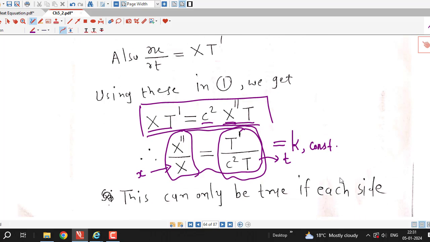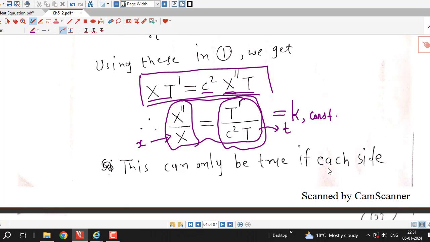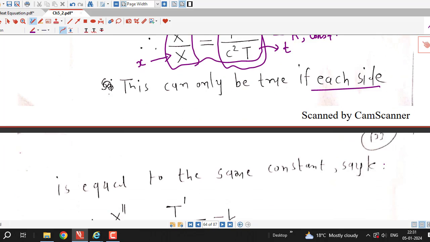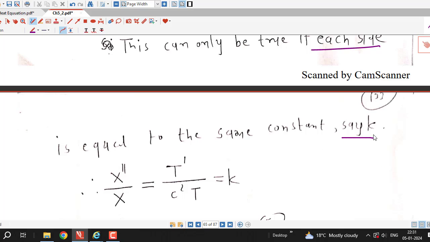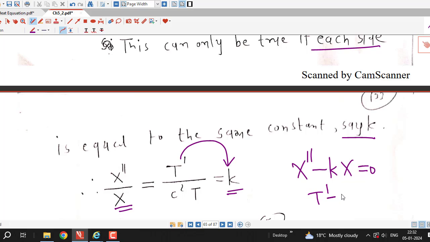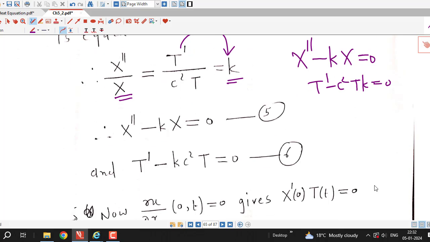So that we have written here, this can only be true if each side is equal to the same constant denoted by small k, and this will give us two ordinary differential equations. If I take X with k, I will have X'' minus kX equal to 0, and if I consider these two, I have T' minus c² k T equal to 0. So that I have written here.